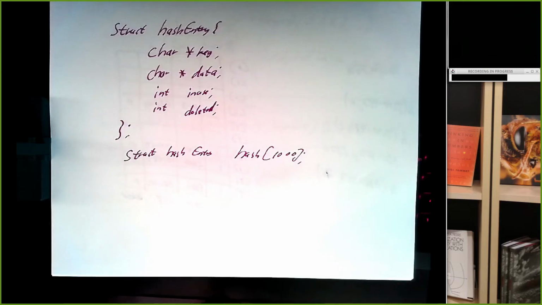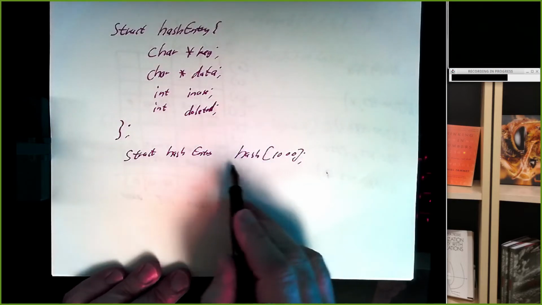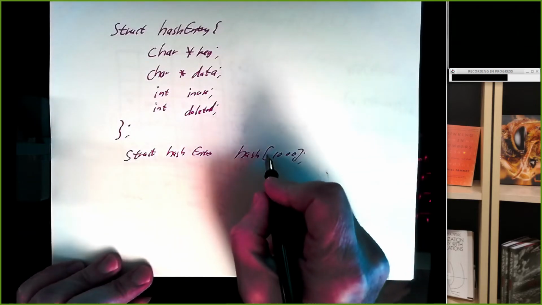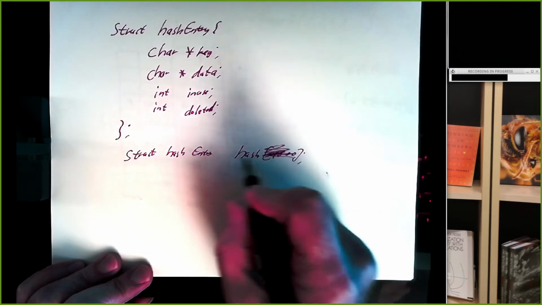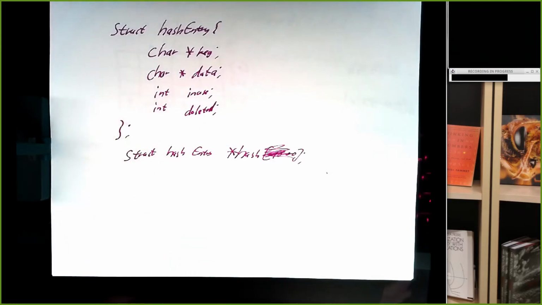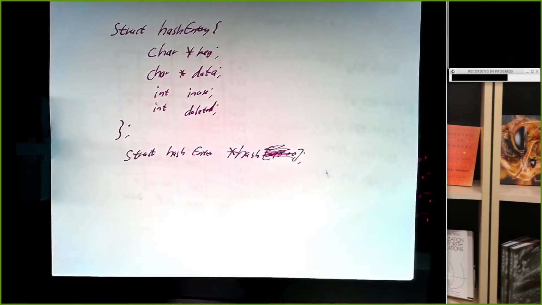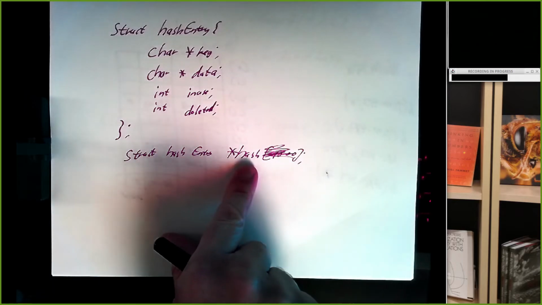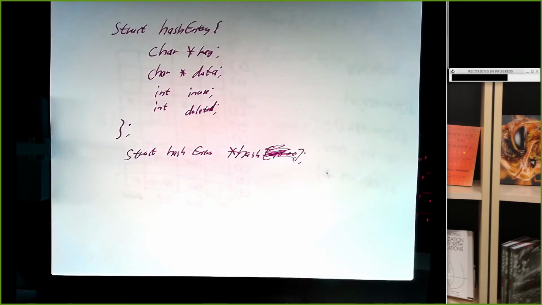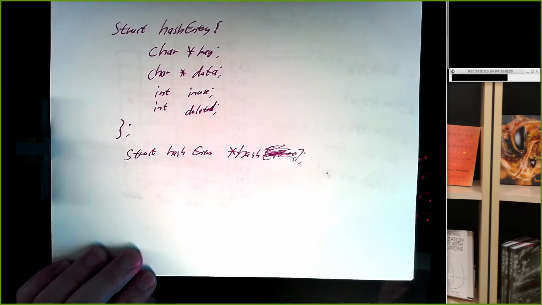And pretty much everything we do in this class, we really like pointers. So rather than declaring our hash like this, we're just going to say struct hash entry star hash. And an array is a pointer. We're just being explicit here that this thing is a pointer to a struct hash entry. And if we do this, then we need to actually make it point somewhere, and so this is where we would use a malloc.